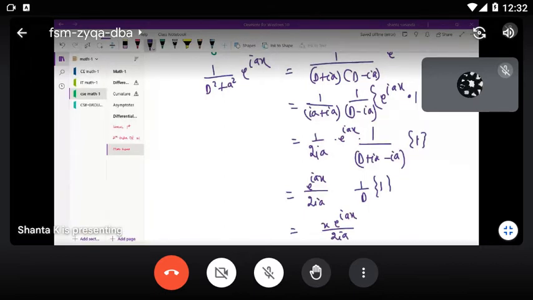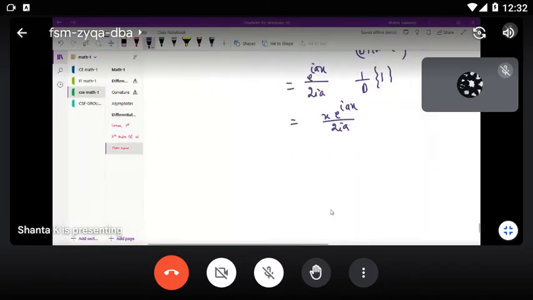If you want further, you can change it to this form. We want the imaginary and the real part, so we will make i not in the denominator. So we make it minus ix by 2a, and this e power i ax we can write as cos ax plus i sin ax.